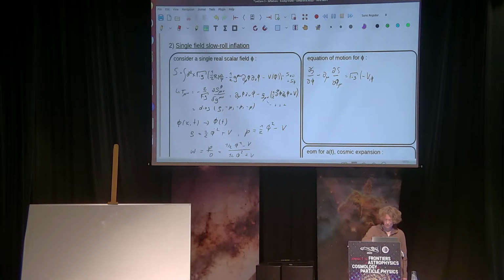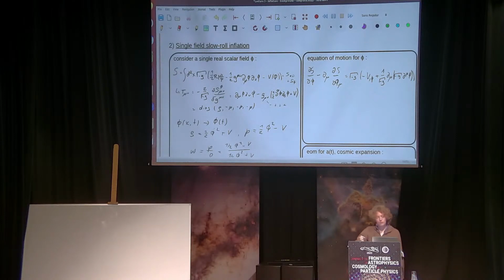And then we have the kinetic term. Here we can't factor out the root -g, so let me put it back again. Then we need to take the derivative of root -g del mu phi. The reason I'm keeping the metric is that we want to do Friedmann-Robertson-Walker, so there will be a time dependence in the metric.